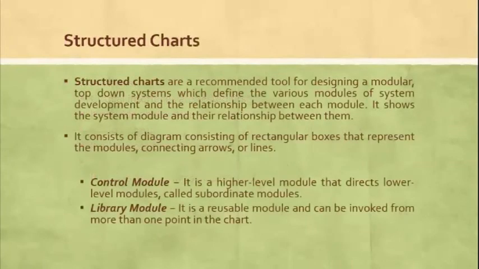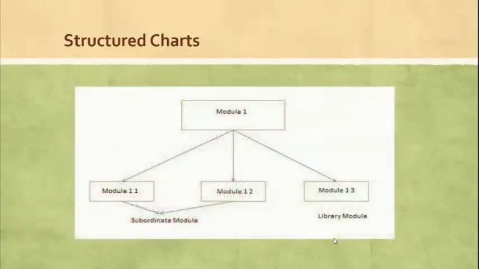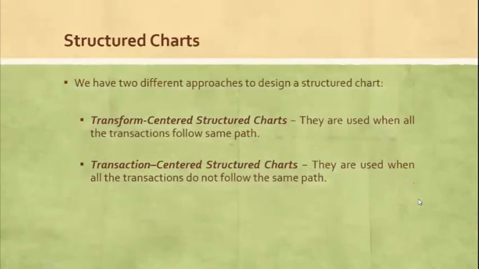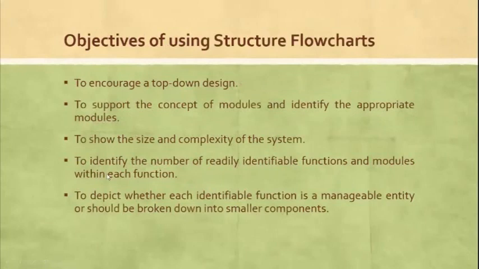Then for the structure charts, we have mentioned the two elements, the control module and the library module. Then the two different approaches are the transform-centered structured charts and the transaction-centered structured charts. And we also enumerated some of the objectives of using the structured flowcharts.